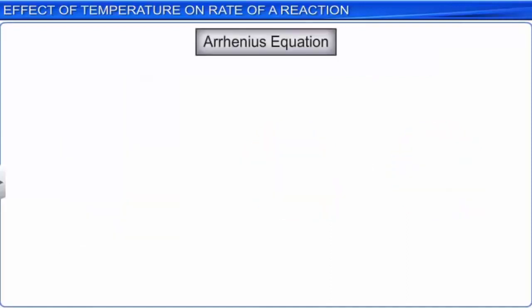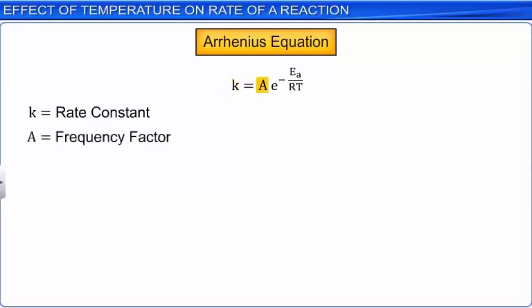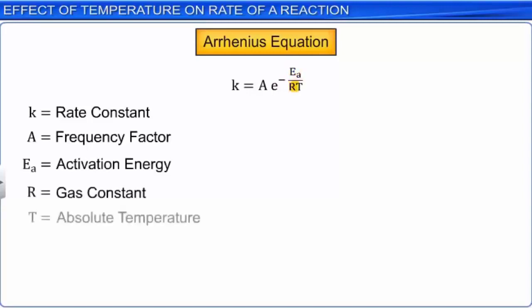The Arrhenius equation gives the relationship between the rate constant K of a reaction and the absolute temperature T. It is defined as K equals A multiplied by e to the power minus Ea divided by RT, where K is the rate constant, A is the frequency factor, which is a constant specific to a particular reaction, Ea is the activation energy, R is the gas constant, and T is the absolute temperature.